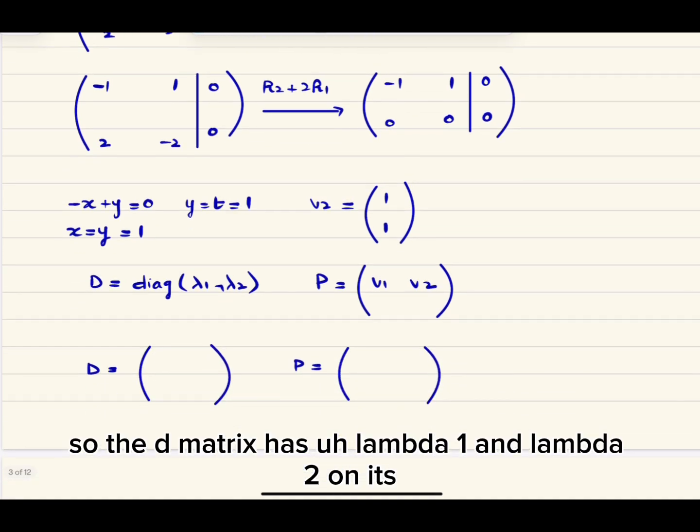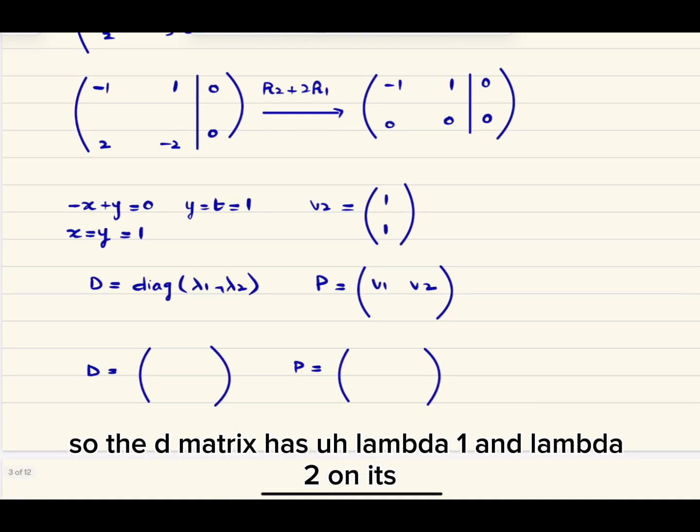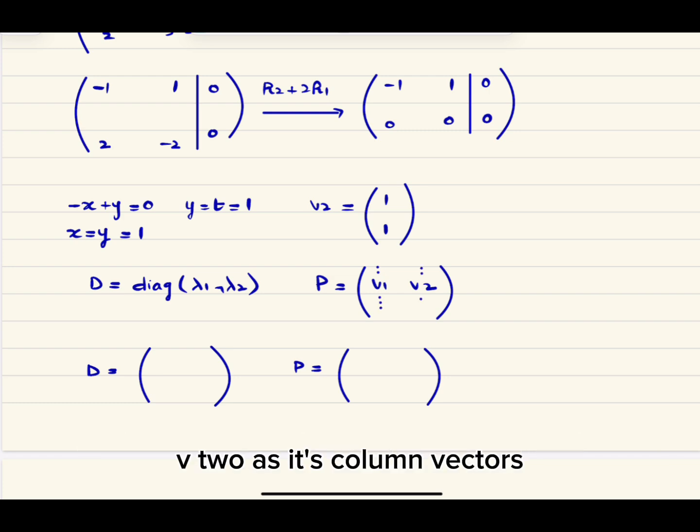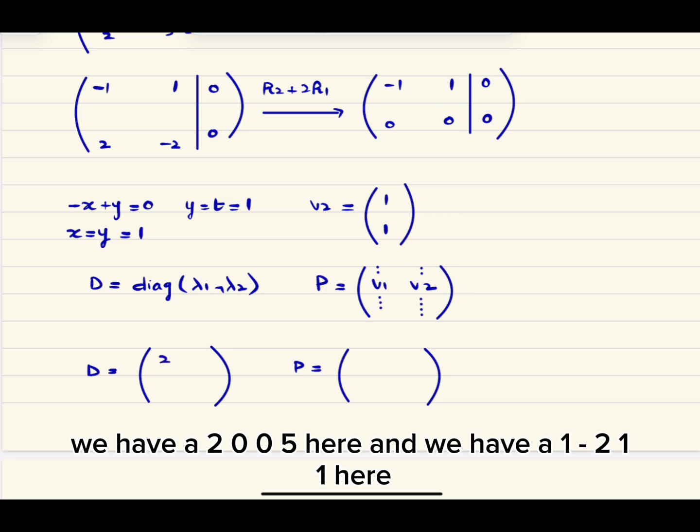So the D matrix has lambda 1 and lambda 2 on its diagonal entries, while the P matrix has v1, v2 as its column vectors. So let's write this out. We have 2, 0, 0, 5 here, and we have 1, minus 2, 1, 1 here.